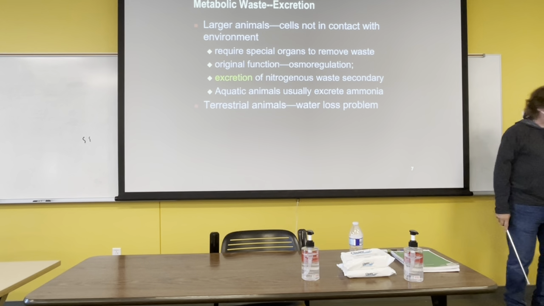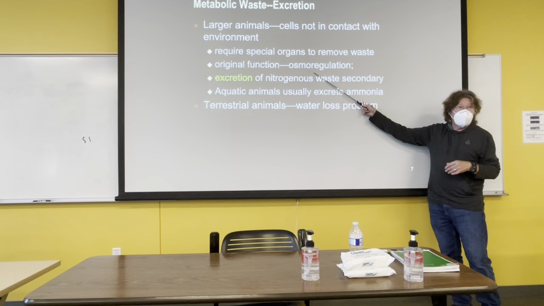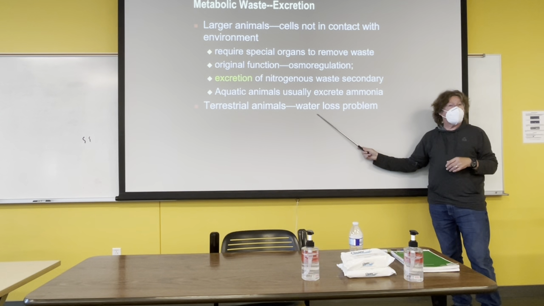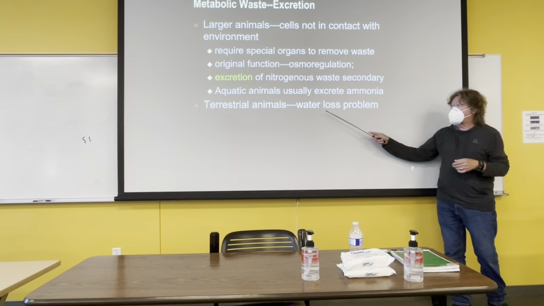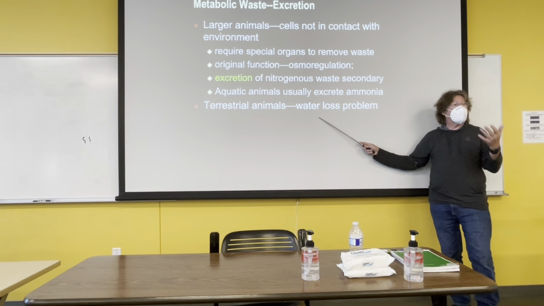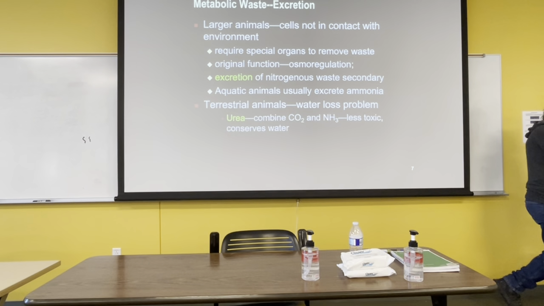Okay. Now with terrestrial animals, getting rid of ammonia is really problematic because you can't get rid of it without losing a bunch of water, okay? And if you're excreting only ammonia, the amount of water needed to keep that from being too toxic is very massive. You would lose a lot of water. And that's already a problem with terrestrial animals.